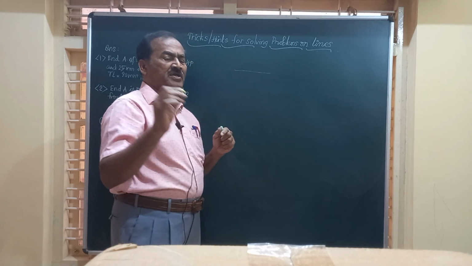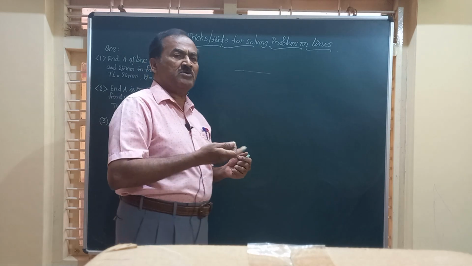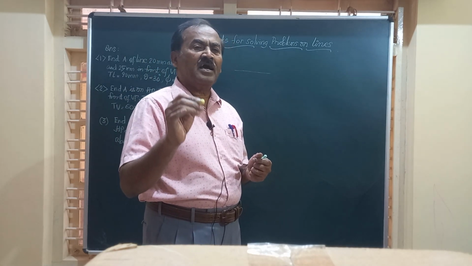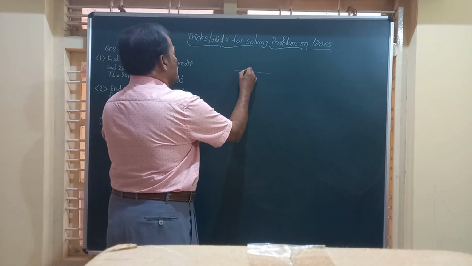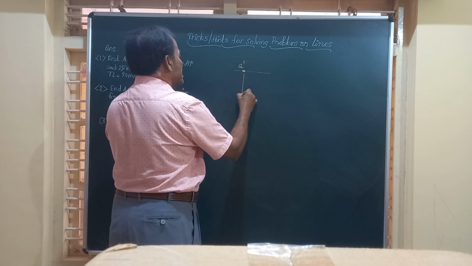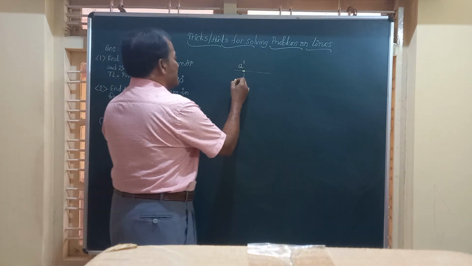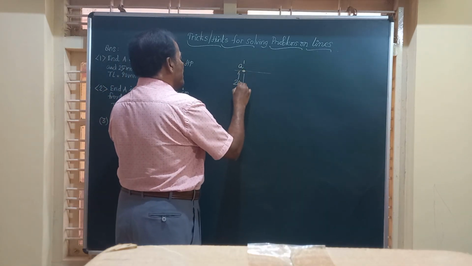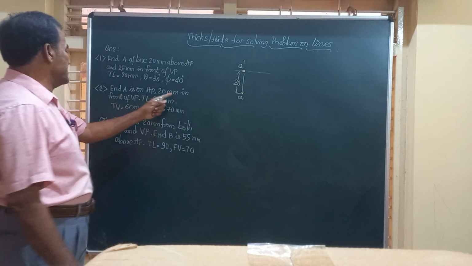So friends, whenever a point is on HP, whatever may be the distance from the vertical plane, it is seen as a point on XY. So this is going to be point A dash, and it is at a distance of how much? That is 20 in front of VP. So this will give you the front and top views of the end A from this possible data.